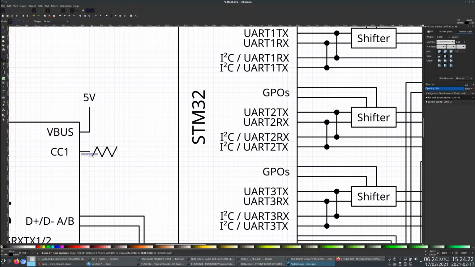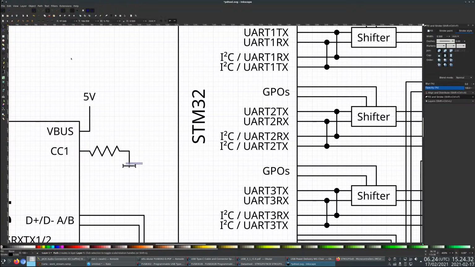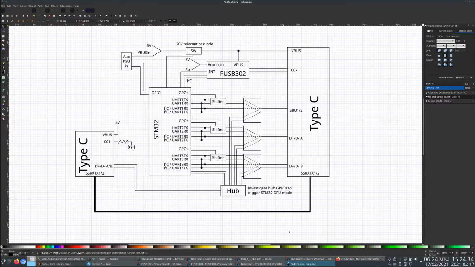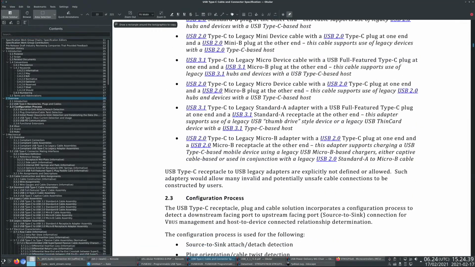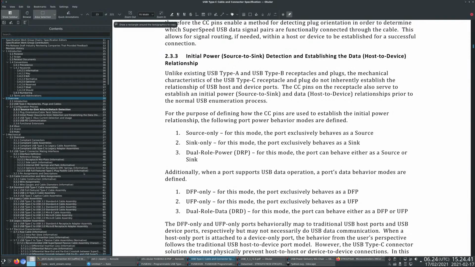How did that end up? Okay. And it was RD, right, if I remember correctly?